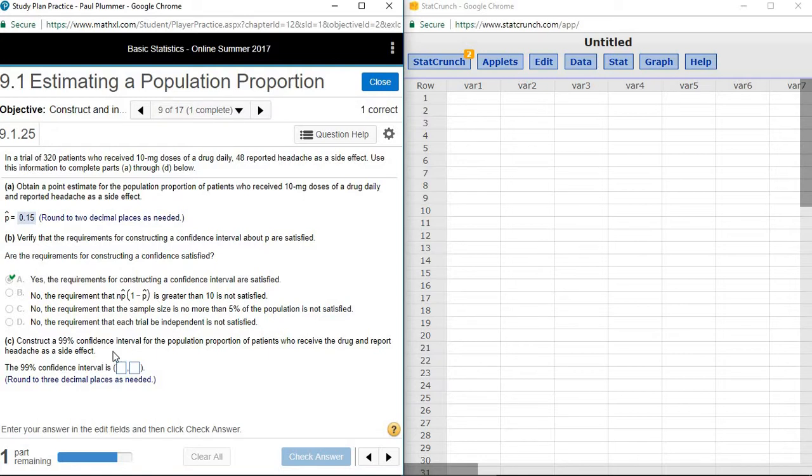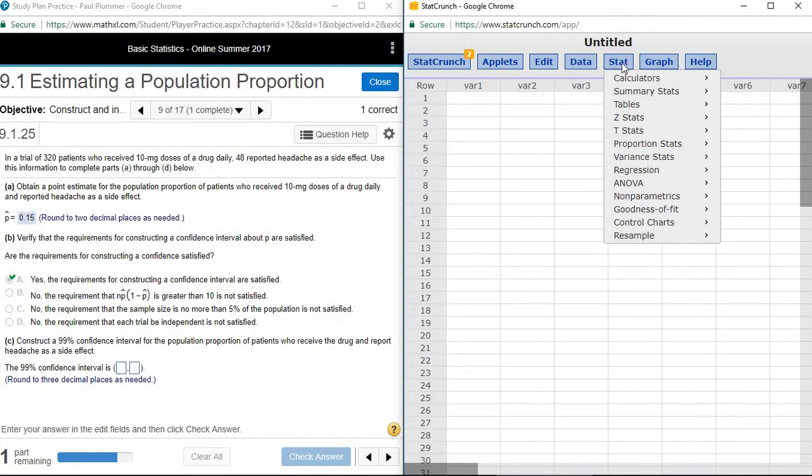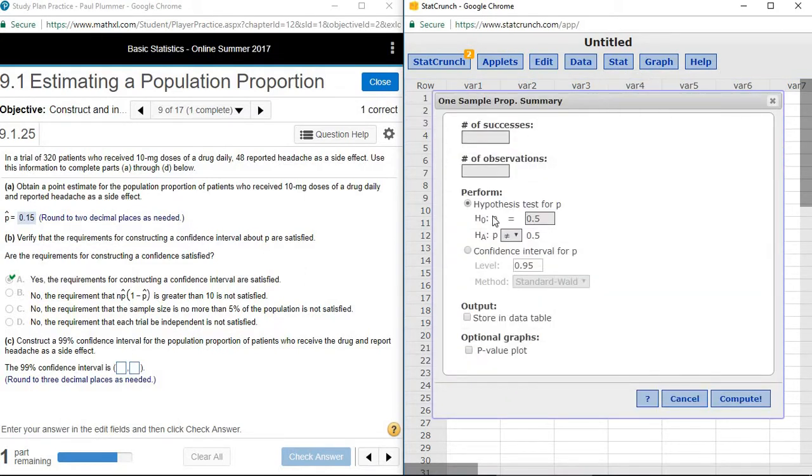Next, we're asked to construct a 99% confidence interval. So again, to build a confidence interval for proportion, we're going to go to Stat, down to Proportion Stats. We're going to find that this is the package we use for the next couple of chapters. If we're dealing with proportions, we have one sample, and we have the summary of the data.